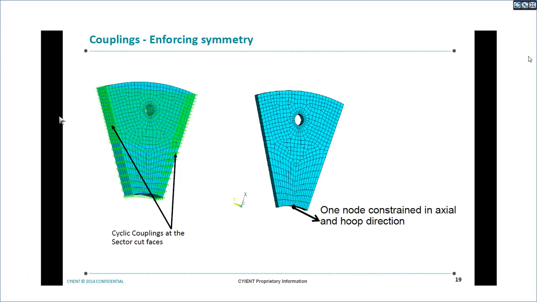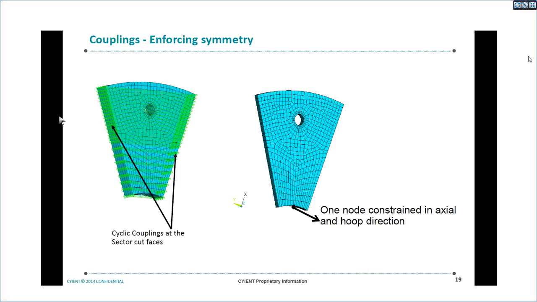So what we need to do is select the node on this subsector. We need to rotate this node in cylindrical coordinates. That means each node should be in the radial direction. These nodes as well we need to rotate in cylindrical coordinates.